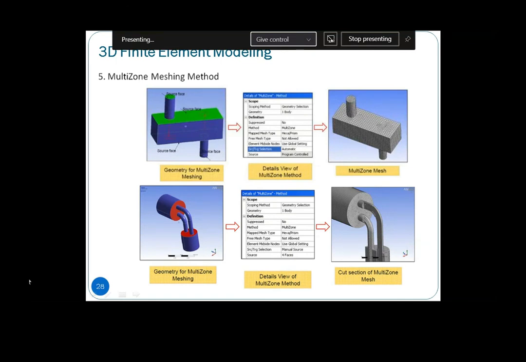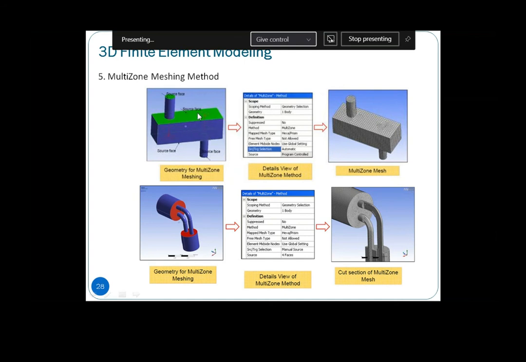If you use the sweep method on the same body, then you have to slice this body into 4 different components. You have to cut this one into one component, and the bottom part into another component.